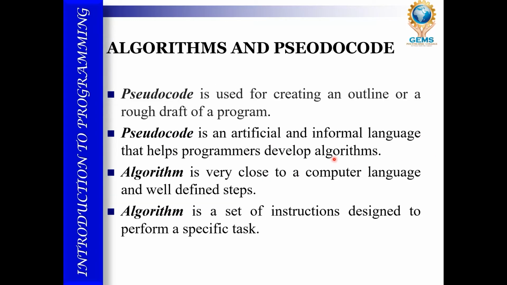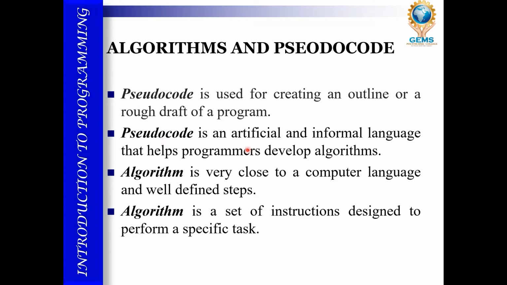Next we have algorithms and pseudocode. Here we are going to compare the algorithms and pseudocode. So what do you mean by pseudocode and what do you mean by algorithm? Based on these points, I will try to explain to you. Pseudocode is nothing but an artificial informal language that helps the programmer to develop the algorithm.